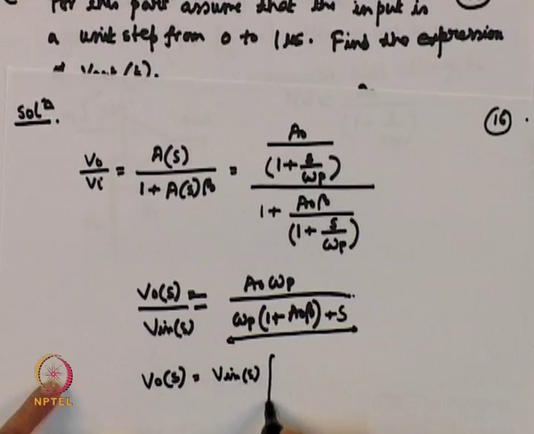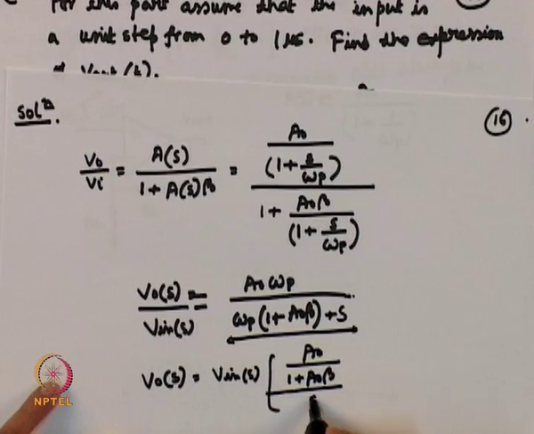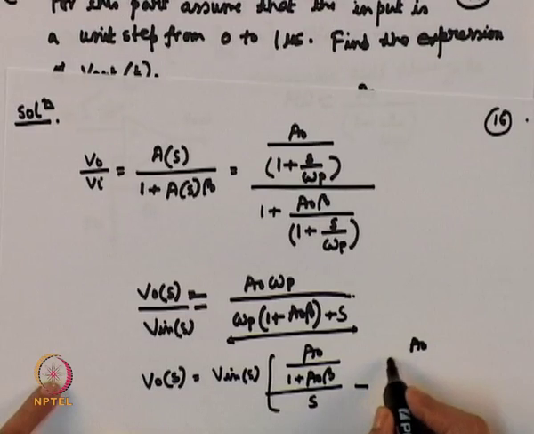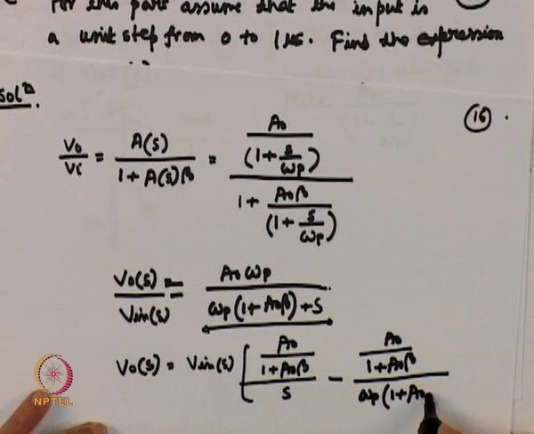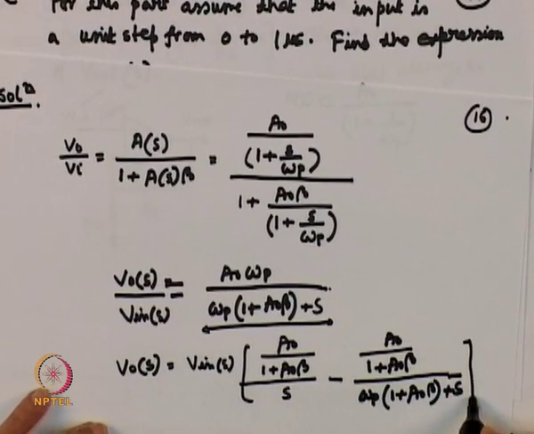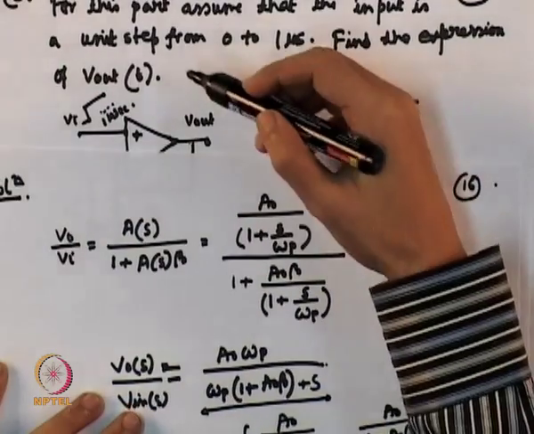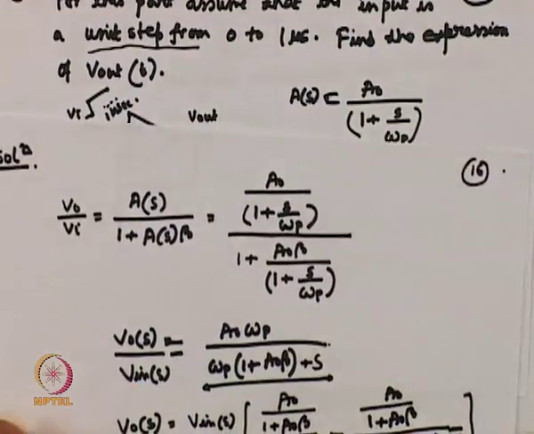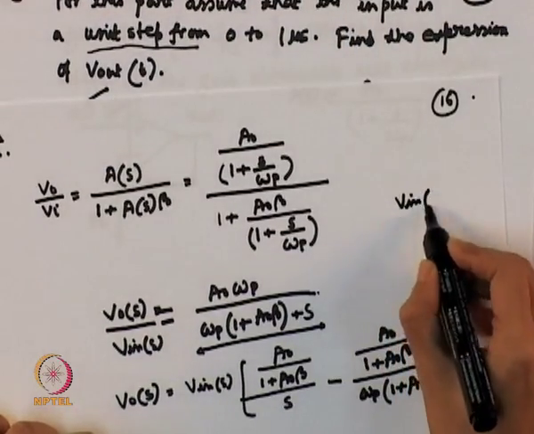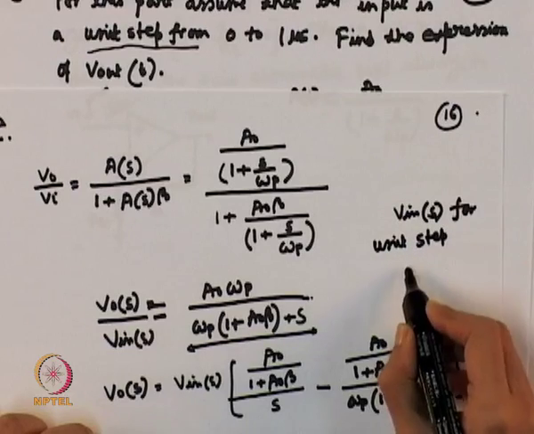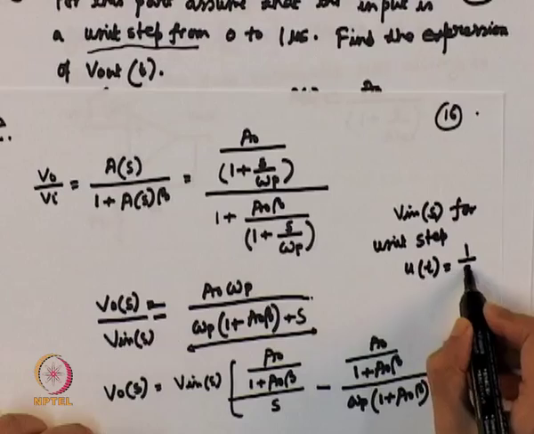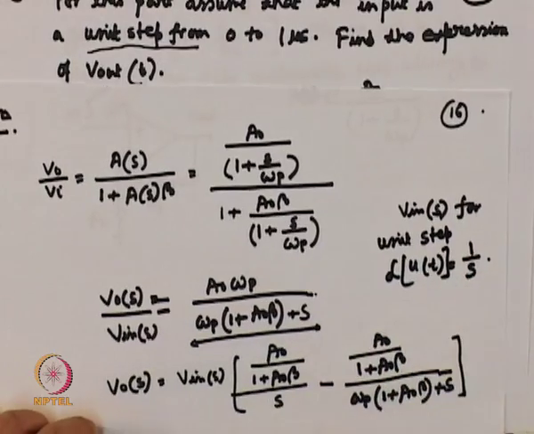Now this portion we can separate in partial fractions and we can write Vo(s) equal to Vin(s) times A naught by 1 plus A naught beta, into 1 by s minus 1 by s plus omega p times 1 plus A naught beta. Now, we have applied a unit step. For a unit step function, the Laplace transform will be 1 by s.